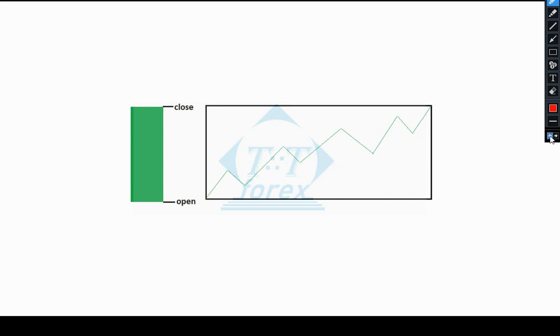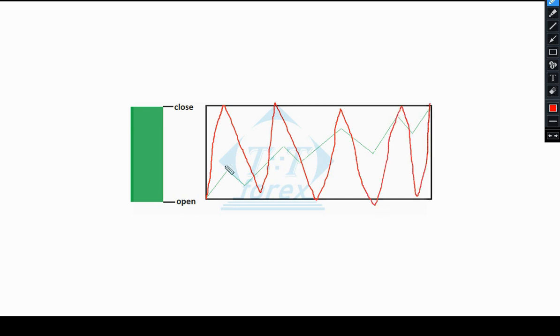Or maybe this whole candle was just a channel in which the market was ranging the whole day, and if you were a range trader, you could have been buying the lows of the channel and selling the highs of the channel.